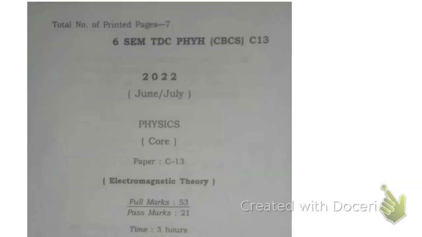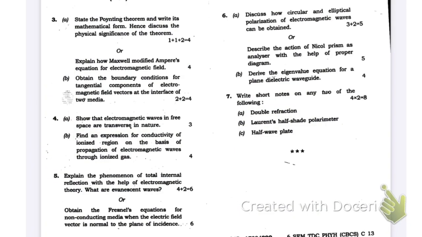In the 2022 paper, you again have skin depth, Brewster's law, nickel prism. Then in 2024 you have double refraction, Lorentz half-shade polarimeter and half wave plate.